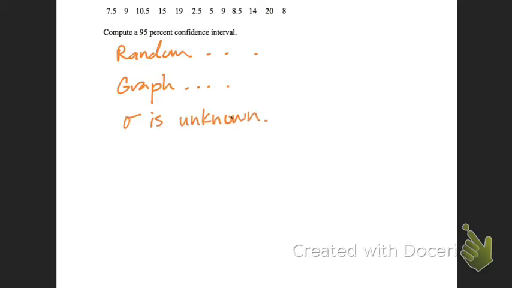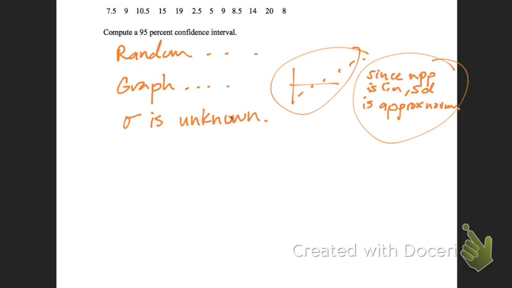You have the graph, and then you write a nice sentence that says, since the normal probability plot is linear, the sampling distribution is approximately normal. And you have to have both of these. If you don't have the graph and the support of the graph, then you won't get credit for it. Okay, third thing, sigma is unknown.